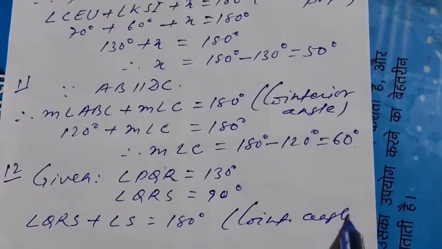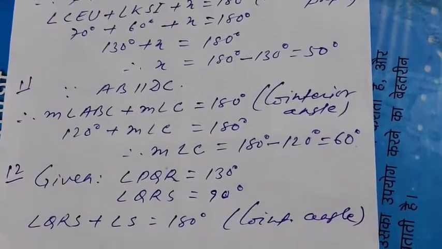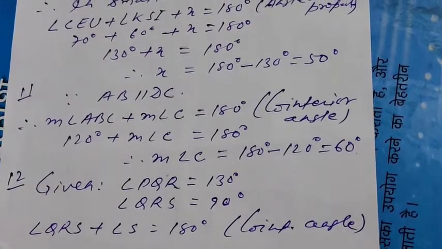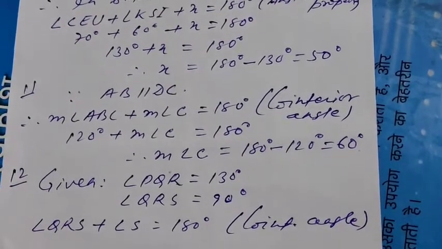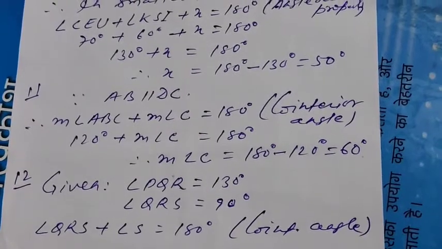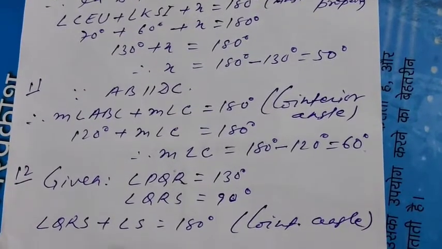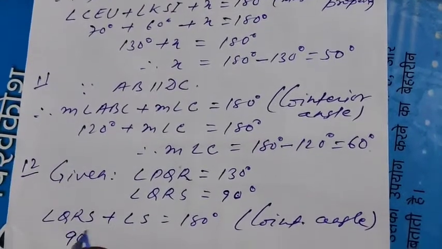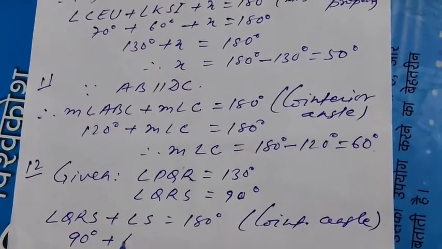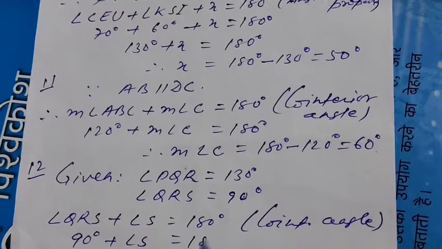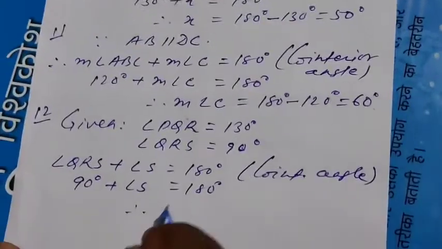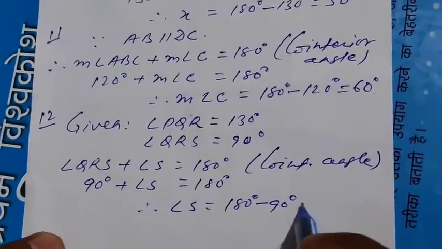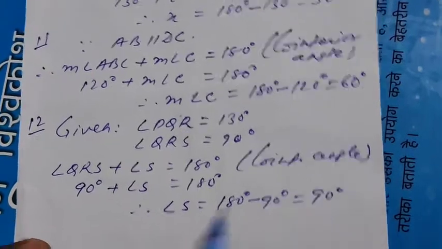Co-interior angle means when two parallel lines are cut by a transversal, then the sum of interior angles, which is known as co-interior angle, is equal to 180 degree. Now value of QRS is 90 degree plus angle S equal to 180 degree, and therefore angle S is equal to 90 degree.